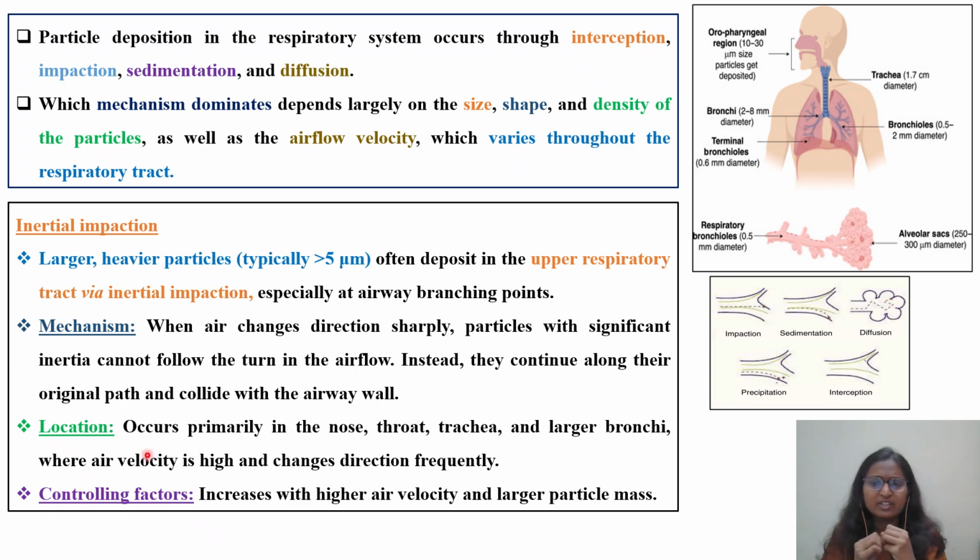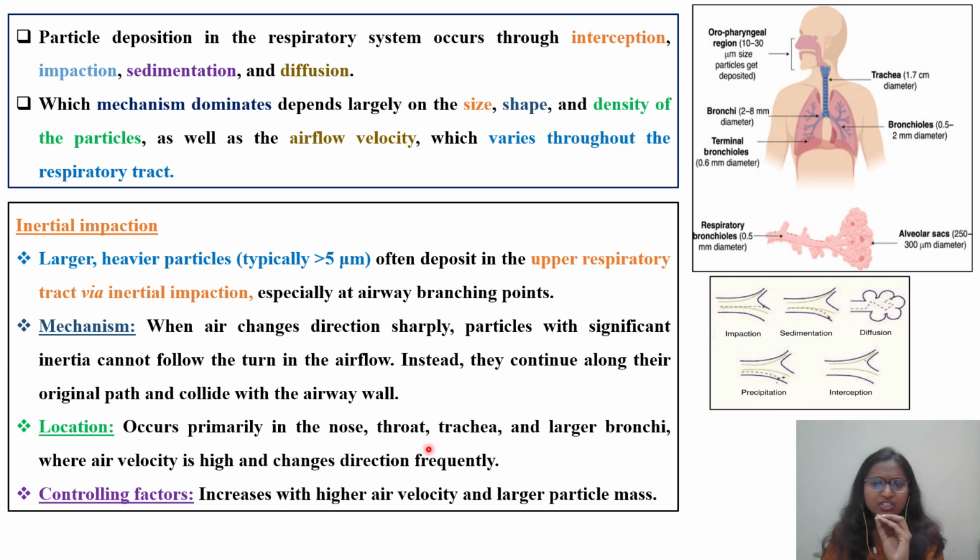That's why it is called impaction: it is bombarding the airway wall. It occurs primarily in the nose, throat, trachea, and larger bronchi, where air velocity is high and changes direction frequently. You have to remember this.